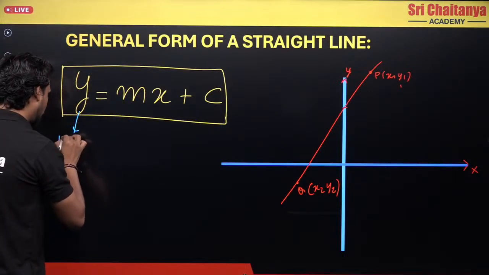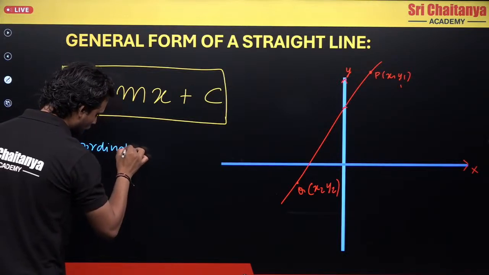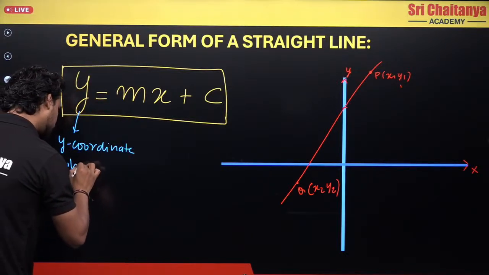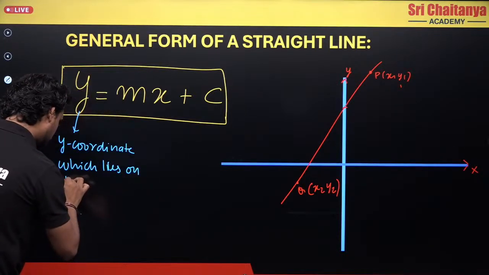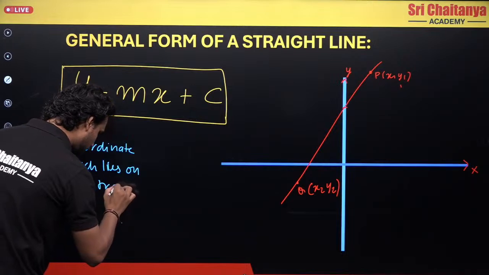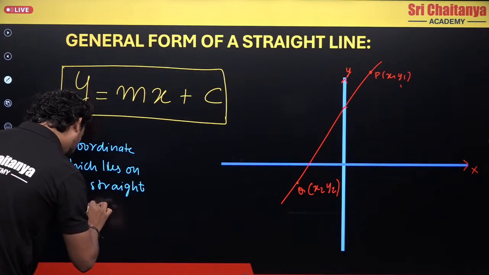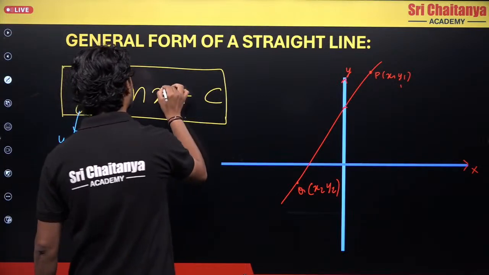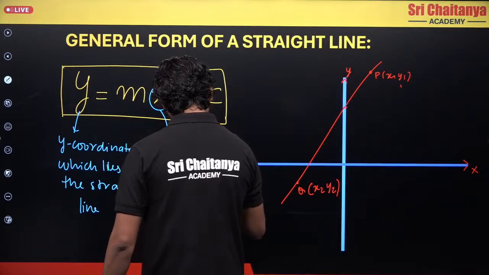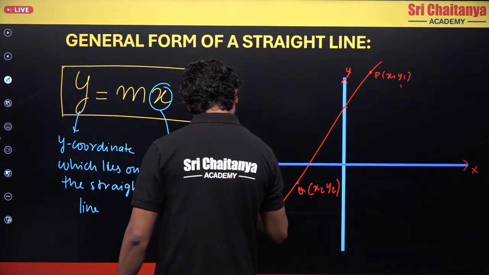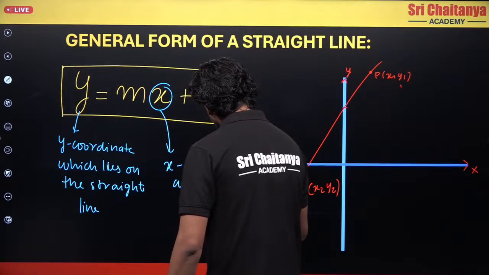This is the y coordinate which lies on the straight line. What is x? This is the x coordinate which lies on the straight line.